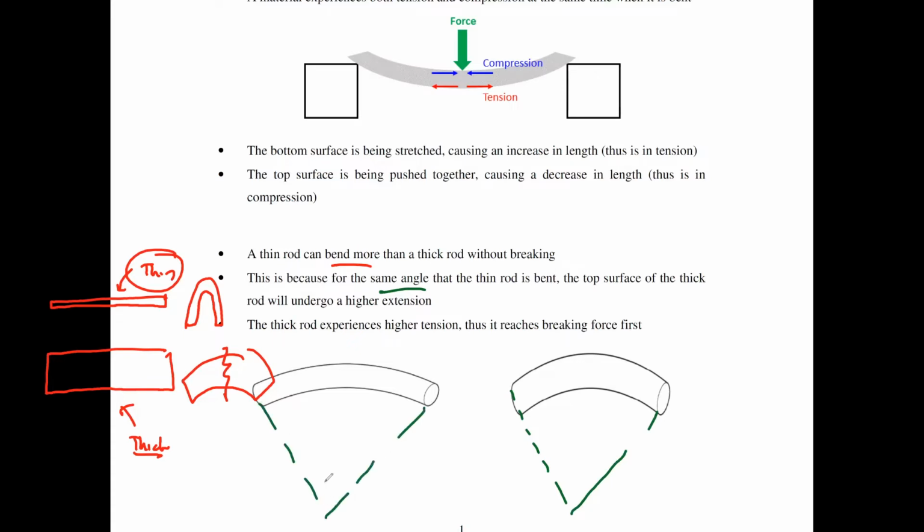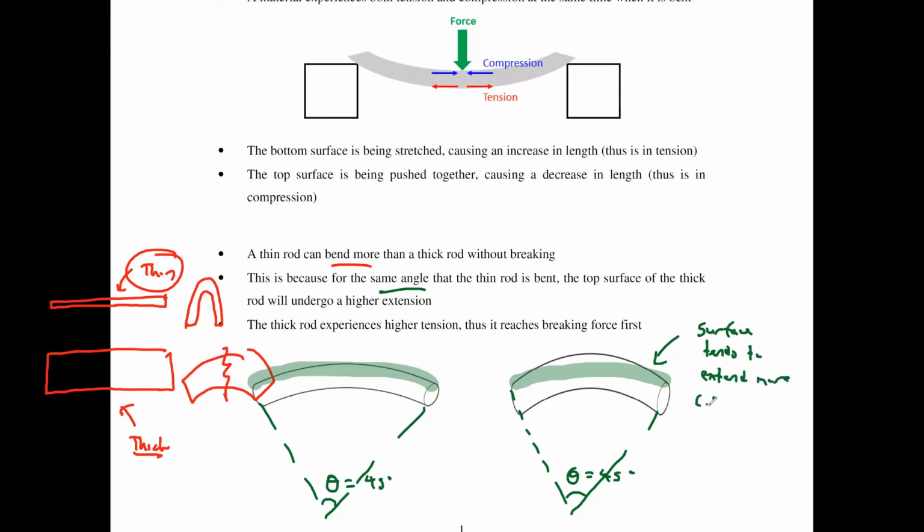If you were to bend it for the same angle theta, like this, say maybe this one is 45 degrees, and this one here is 45 degrees, what you will see is that in terms of this portion here, this surface here, tends to extend more. Therefore, it's under higher tension.